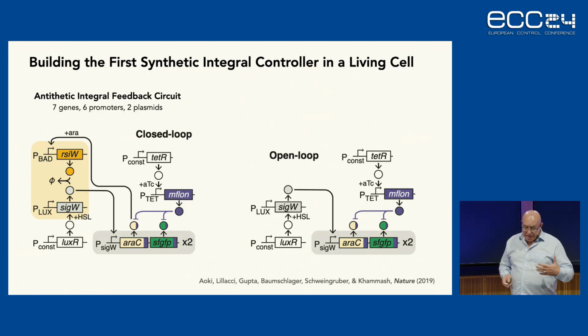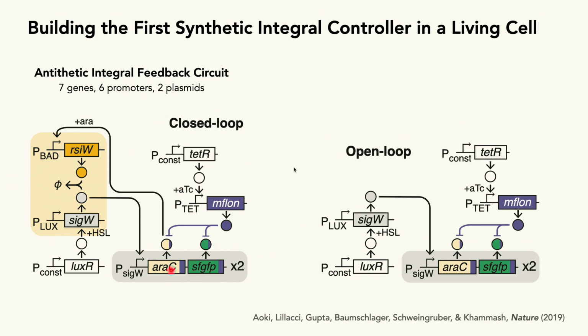So in this case, this is an implementation in E. coli. And to do that, I'm just going to describe this circuit really quickly. This here is the plant. It produces a protein of interest called RSC. RSC is sensed through this. So it activates this gene, and it produces an anti-sigma factor. So it's a protein that binds to a cognate sigma factor, which is SIGW.